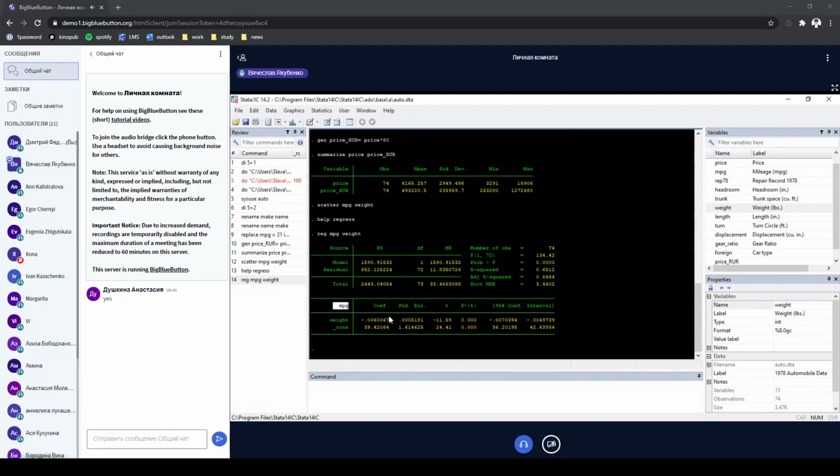For us, it's MPG. And we know the weight. It's the explanatory variable. The coefficient is minus 0.006, some number. And this is our beta hat.